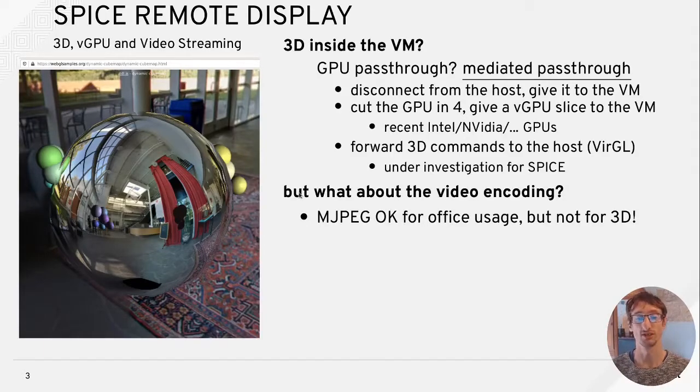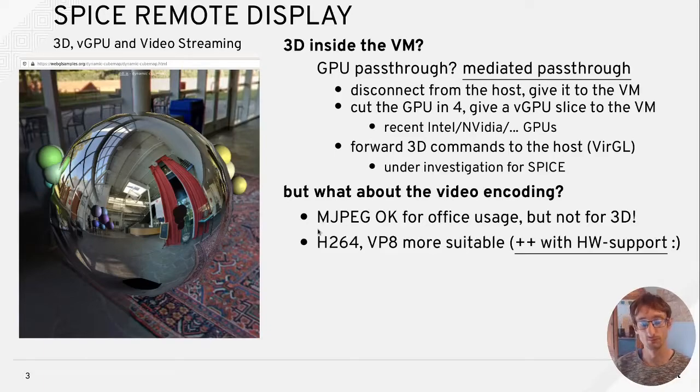The second question is about the video encoding, because MJPEG is fine for office usage, but with a 3D desktop, the network bandwidth will explode because there will be too many changes between one frame and the next one, and MJPEG is not designed for this kind of video streaming.